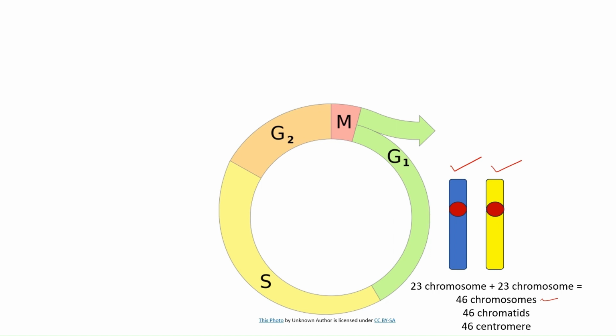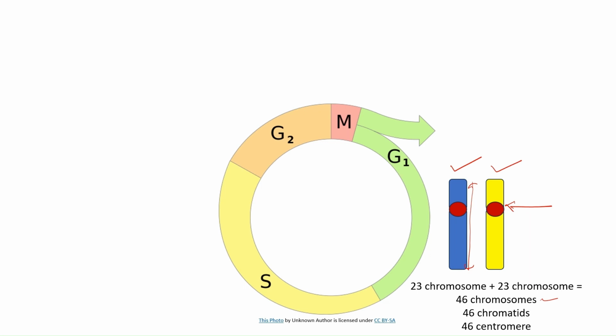So each of our cells contains 46 chromosomes and 46 chromatids also. This is known as a chromatid, one chromosome. So 46 chromatids, and the center part is known as the centromere. So 46 centromeres. Why I am specifically pointing out centromeres and chromatids, we will see now.